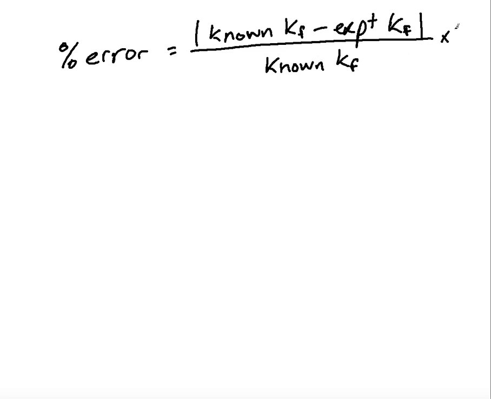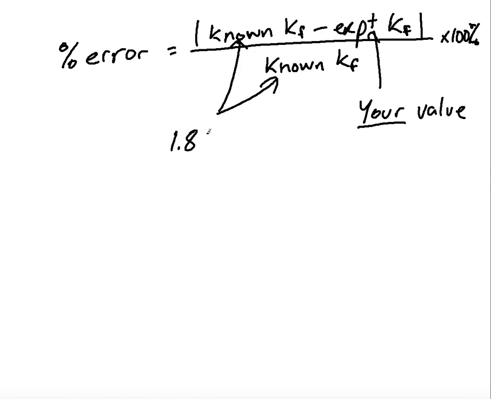And that's all multiplied by 100%. Now the experimental Kf, that's what you find. That's your value. And the known Kf, which is going to be in both these positions here, is going to be 1.86 degrees Celsius per molal, or whatever value you happen to be given to the number of significant figures you're given there.